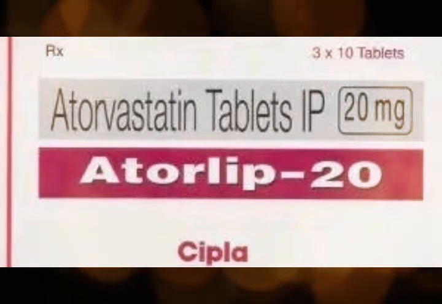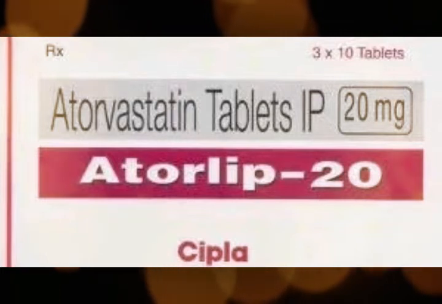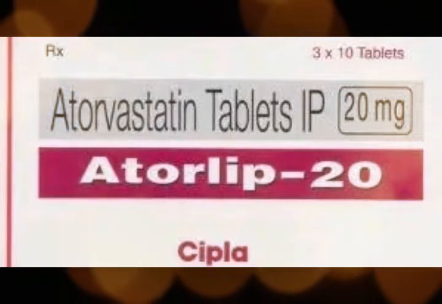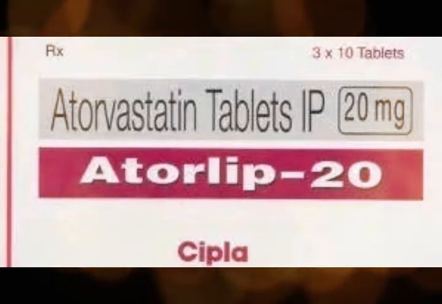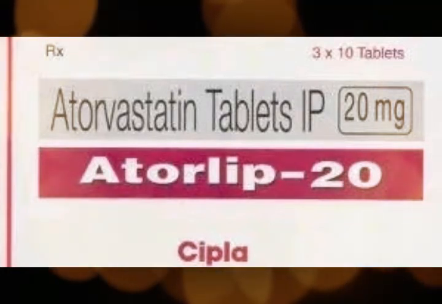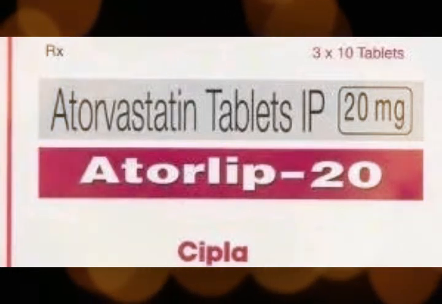Pharmacokinetics. Absorption. Atorvastatin is rapidly absorbed after oral administration. Maximum plasma concentrations occur within 1 to 2 hours. Extent of absorption increases in proportion to atorvastatin dose.